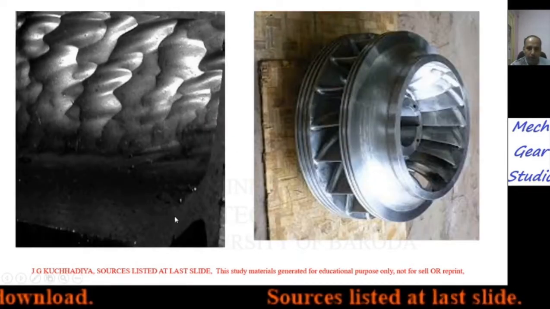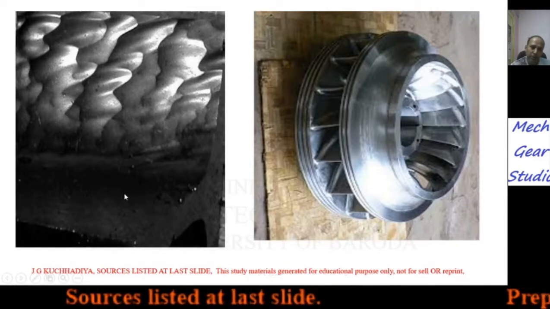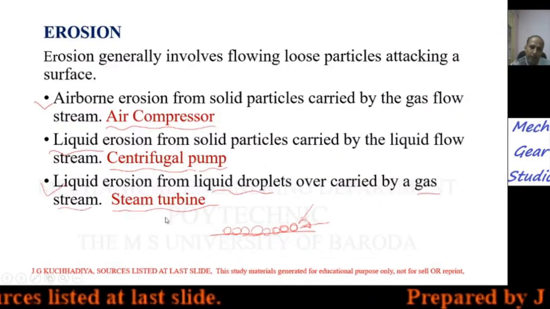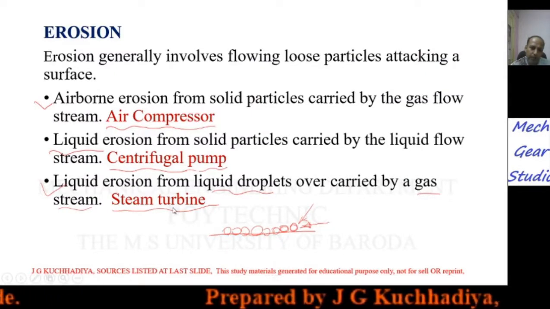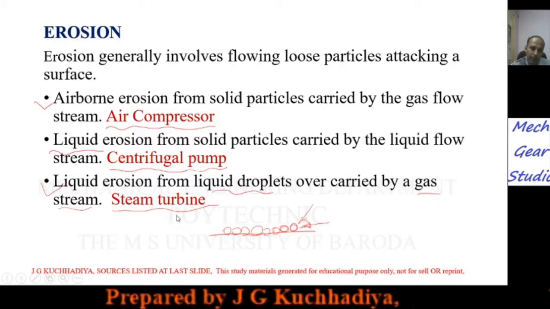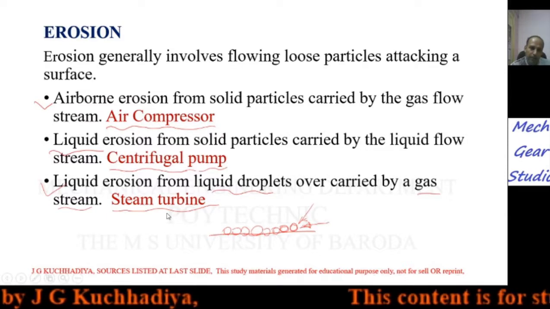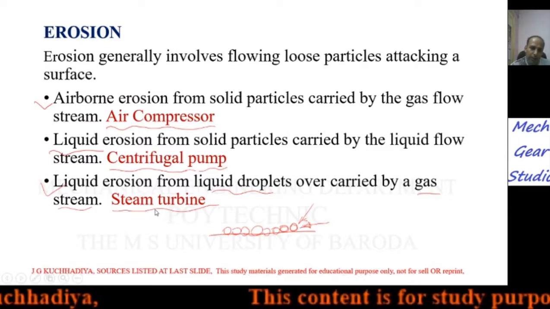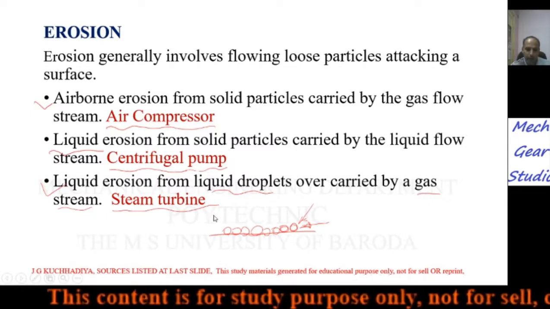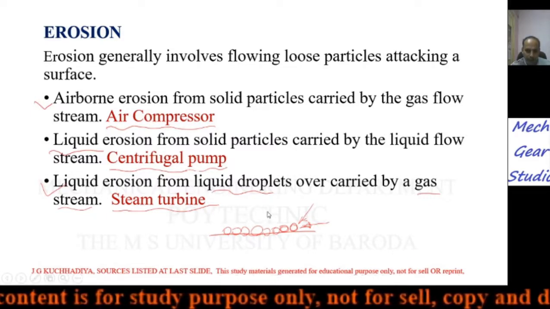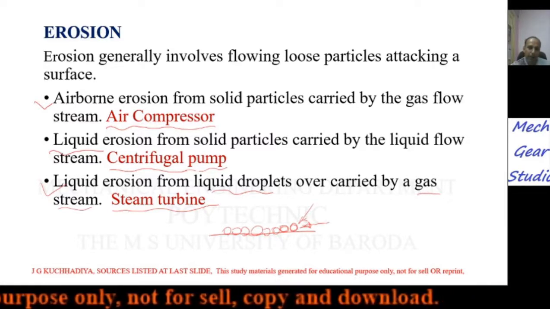In steam erosion, in the last stage or low pressure side, some steam starts condensing and liquid droplets are created. But here the jet velocity of the steam is very high, and the mass of the droplet is higher, so it creates a pitting action over the surface of the blade.